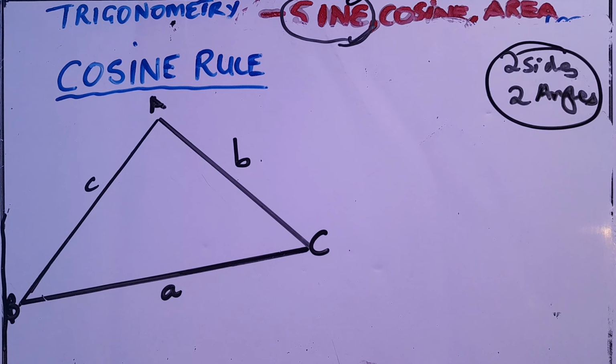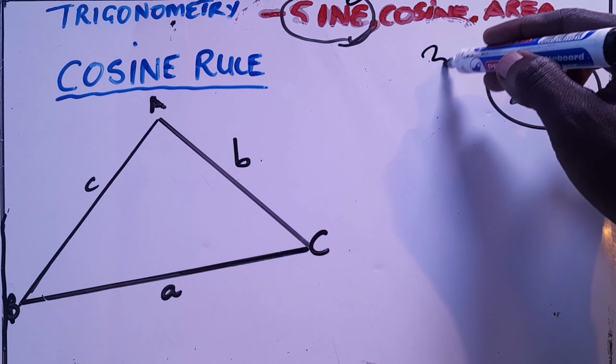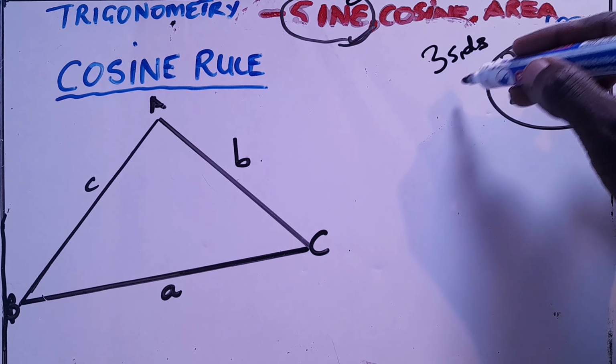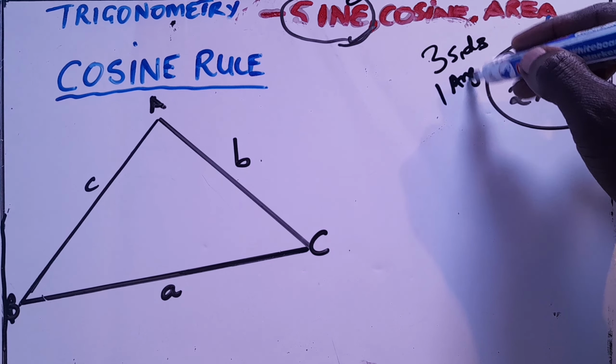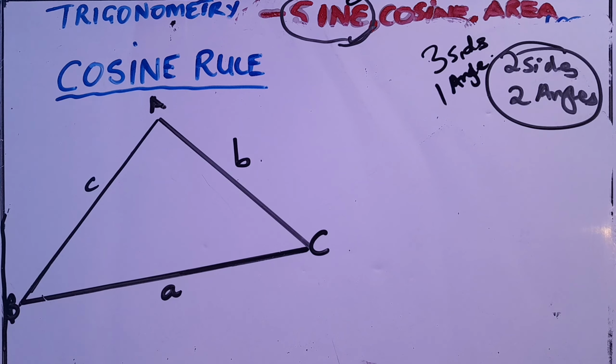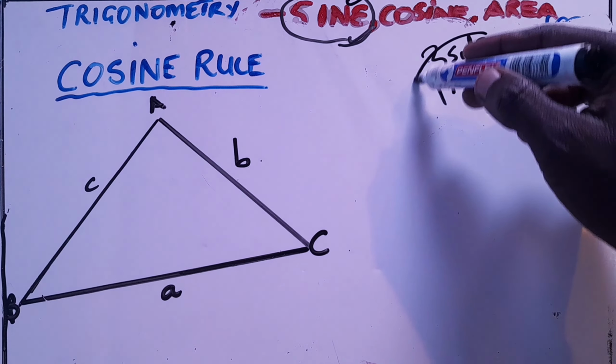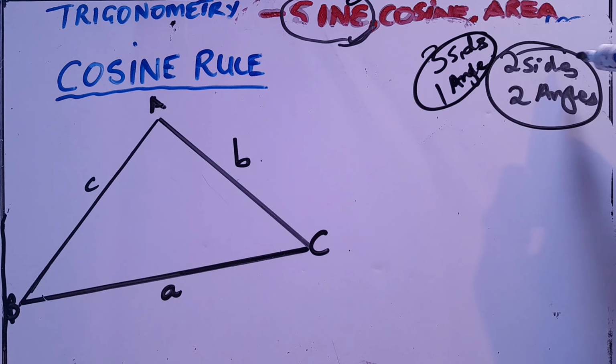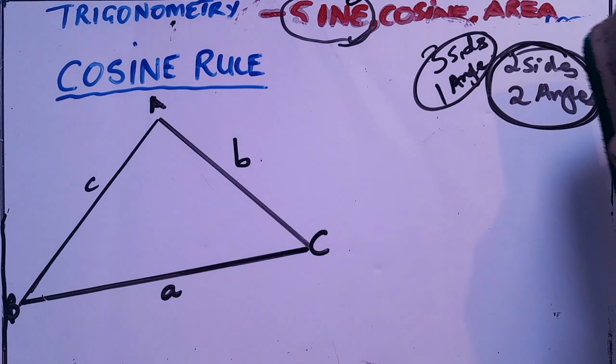But now when we're going to deal with cosine rule, we're going to include three sides and one angle. So the cosine rule is about three sides and one angle, while the sine rule is about two sides and two angles. But either way, we can find the unknown using these rules.